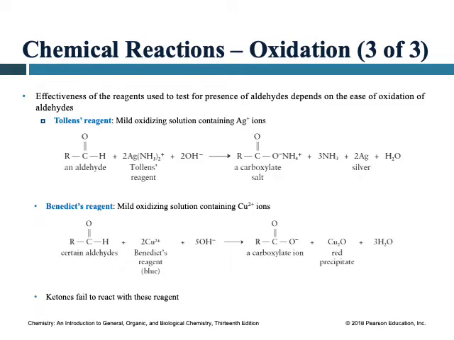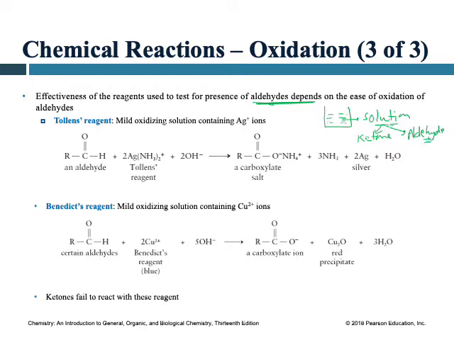Okay, so now let's talk about some of the chemical reactions. There are a couple of reagents that we normally use to figure out the presence of an aldehyde. So if I give you any solution, how are you going to figure out whether this solution contains a ketone or an aldehyde?